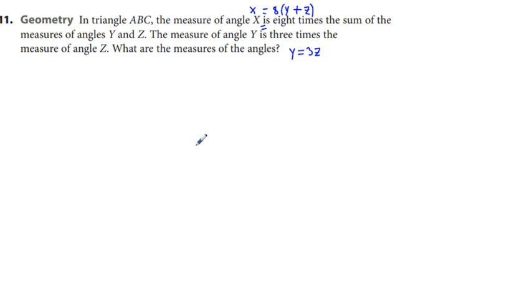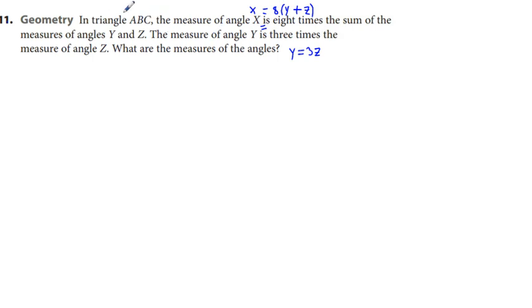We need 3 equations. So what is our other equation? What do we know? Because we can't solve. If we place y in here, I'm going to get x equals 8, and then replace y with 3z. Are we going to have everything figured out? No, we're not. What other equation do we need?